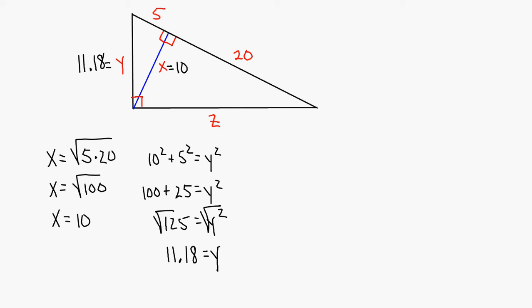Now we can do the same thing to find z. All right, 10 squared plus 20 squared equals z squared. So 100 plus 400.